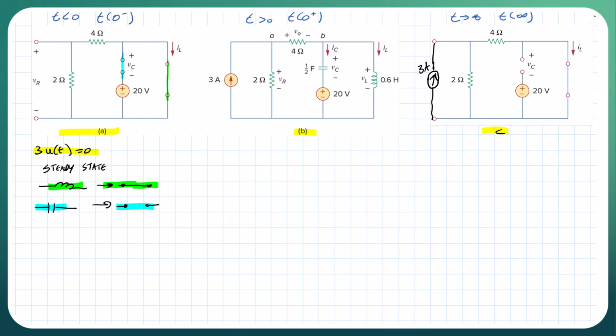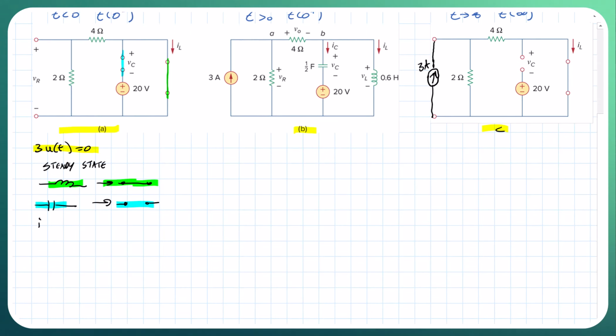From this figure we can figure out that our current across the inductor, I sub L at 0 minus, is going to equal 0. Our voltage across the resistor at 0 minus is also going to equal 0. And our voltage across the capacitor at 0 minus is going to equal minus 20 volts.